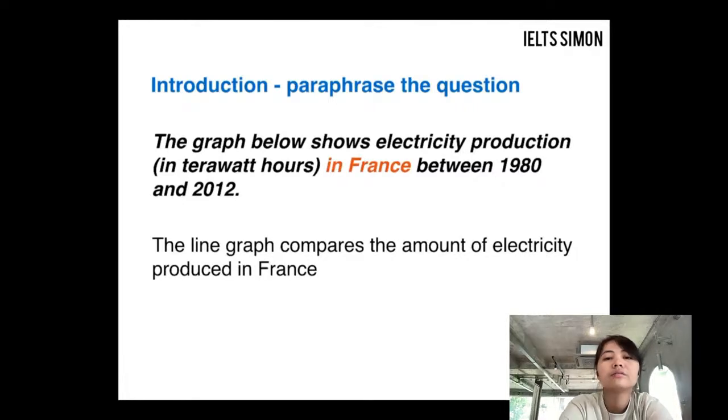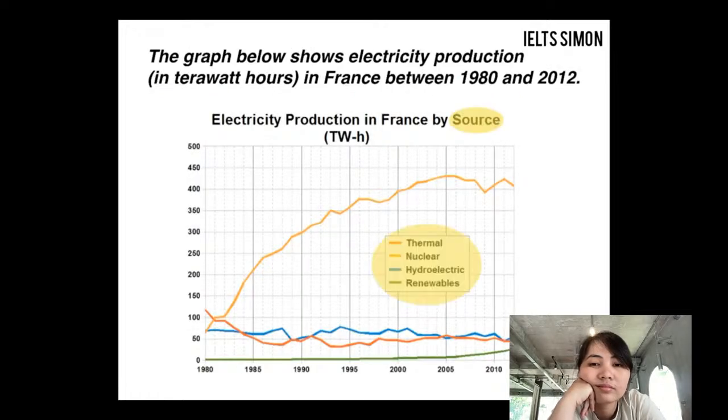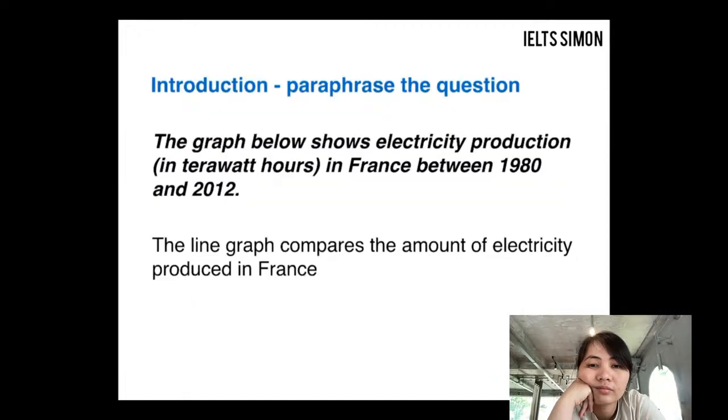Now I'm going to add something. I'm going to add those sources where the electricity comes from. We can see in the graph those 4 sources. I'm going to put those in my introduction, using 4 different sources of power. And finally, we need to get the dates between 1980 and 2012.